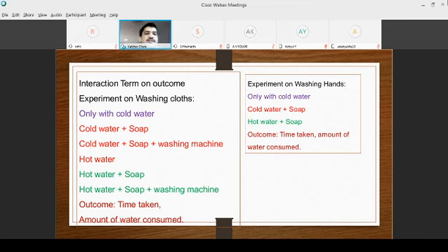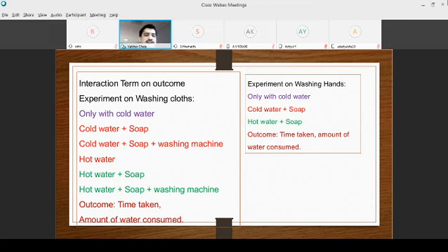If we are going to wash clothes, how can we wash them? We can wash using only cold water. We can wash the cloth using cold water plus soap, or cold water plus soap plus a washing machine. Similarly, I can go for hot water plus soap, or hot water plus soap plus washing machine.